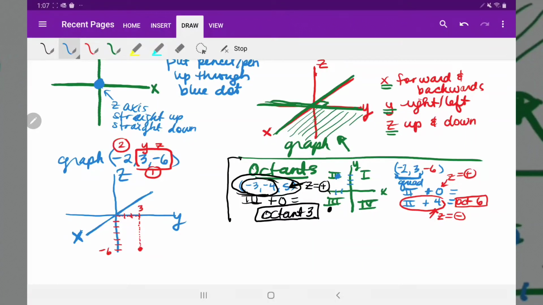You can also graph in the order that it says, but then when you go to the right 3, you can't go to here because this distance isn't 3. Let's put that X back in. If you're going to do it this way, you have to go back 2, and then go right 3 spaces, but it kind of looks like a parallelogram.